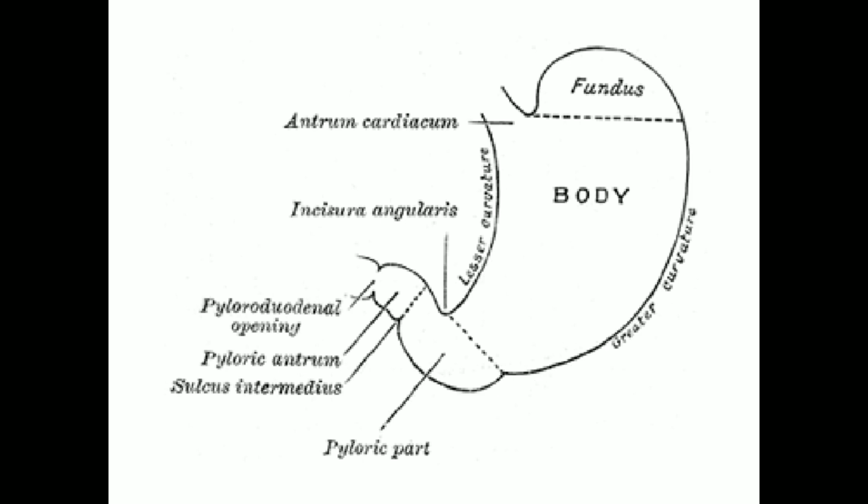Then two parts. One is the cardiac part. If you look at the cardiac part, it is divided into the fundus. You can see this part. The upper convex dome-like part above the cardiac orifice is called the fundus. The fundus is the air-filled sac.